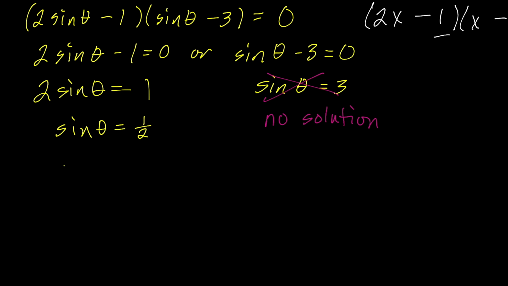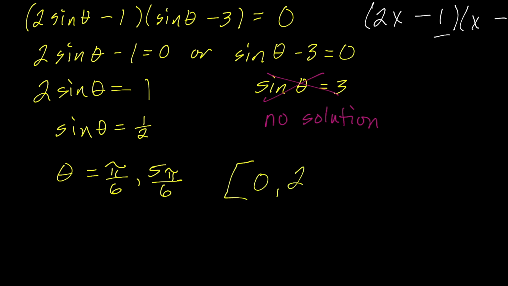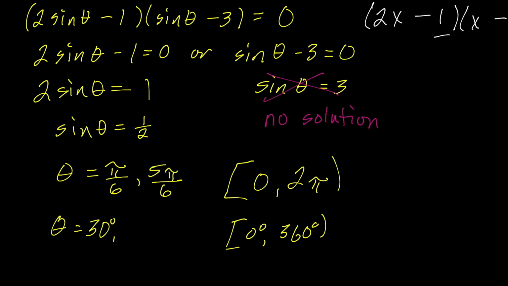So we're going to go with theta is pi over 6, 5 pi over 6, at least from 0 to 2 pi. Now, if you liked how I did degrees before, you'd be saying that theta is equal to 30 degrees, or theta is equal to 150 degrees.